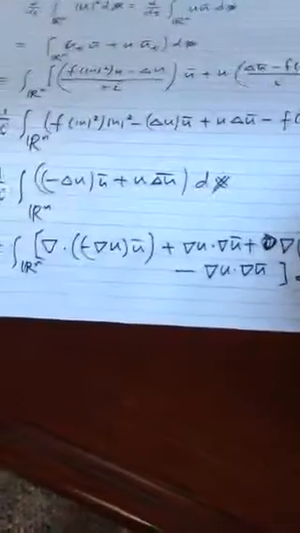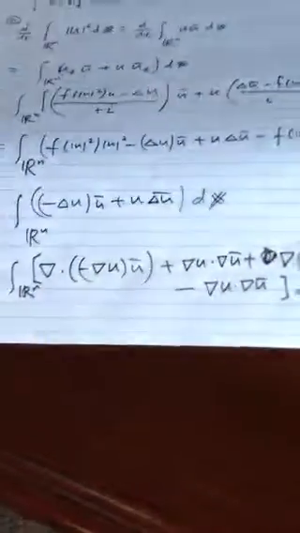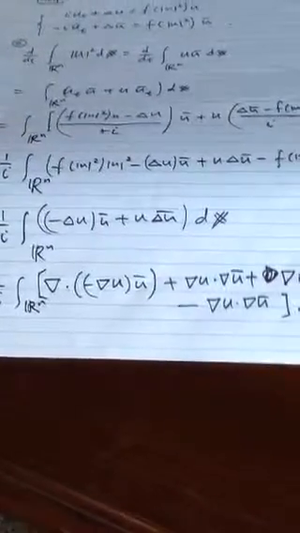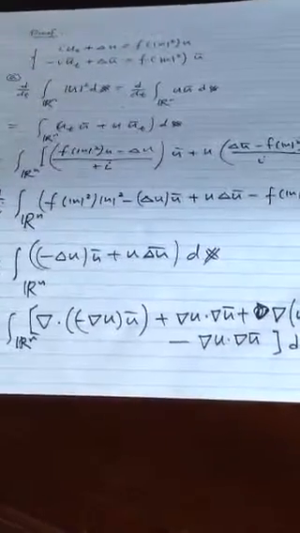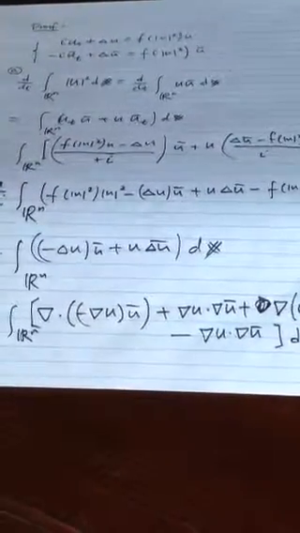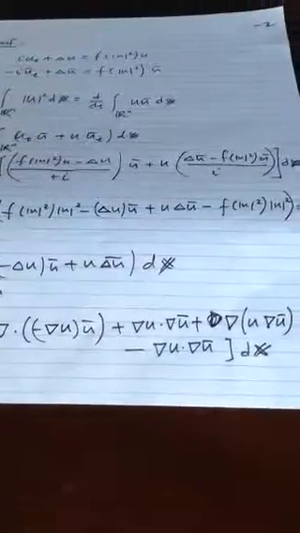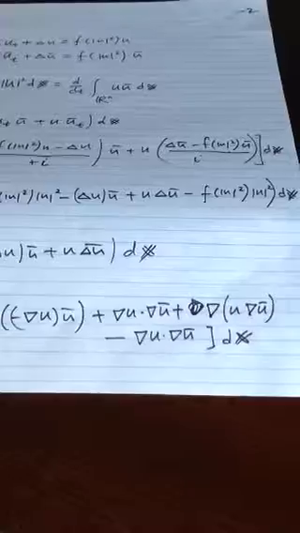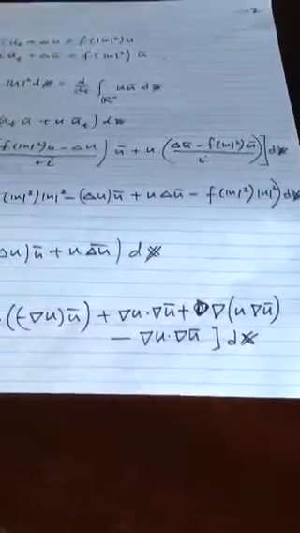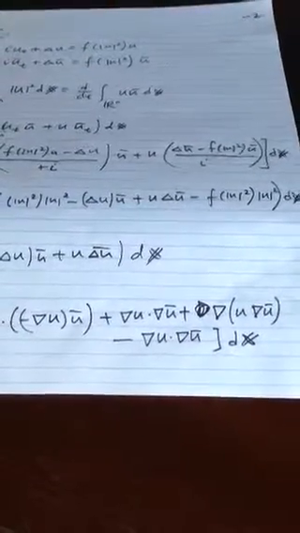All right, so you keep doing computation, you get the integral over R^n of 1 over i times the divergence of minus gradient u times u bar, plus gradient u times gradient u bar, plus gradient u times gradient u bar, minus gradient u times gradient u bar.